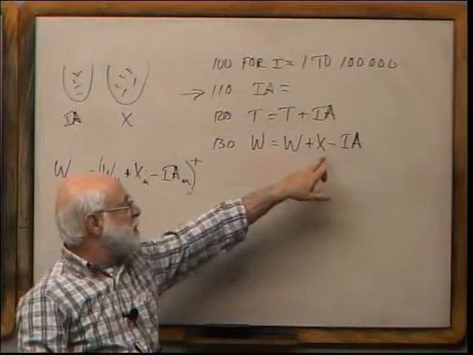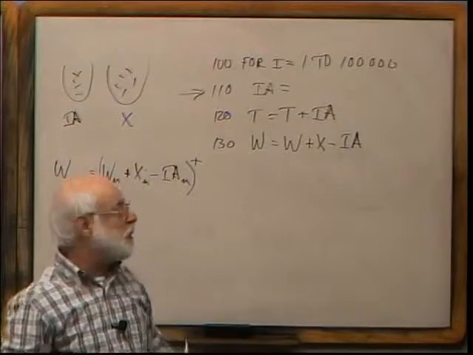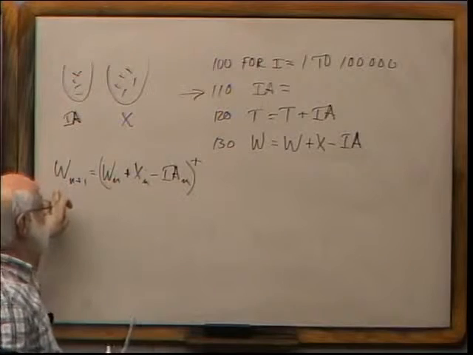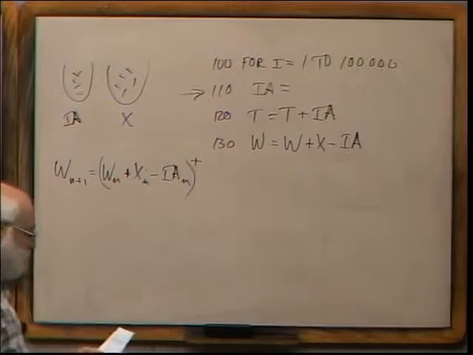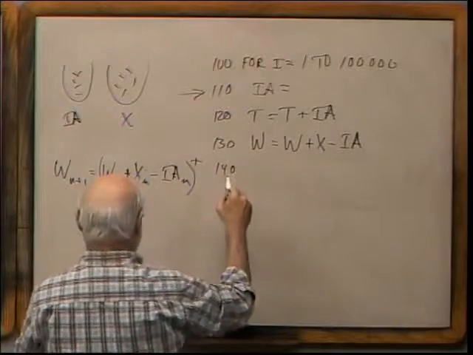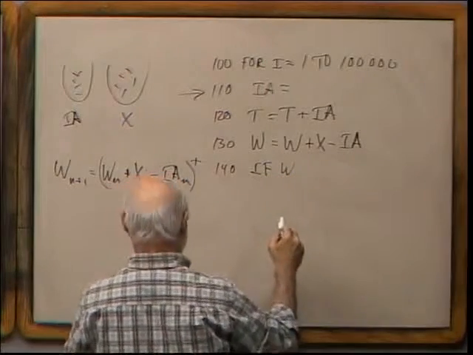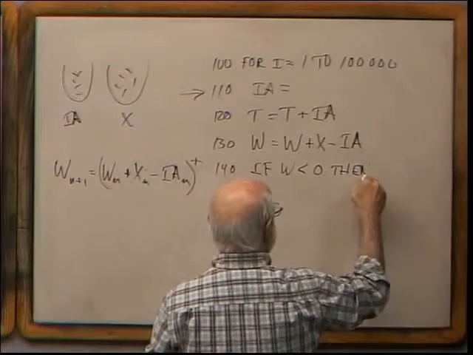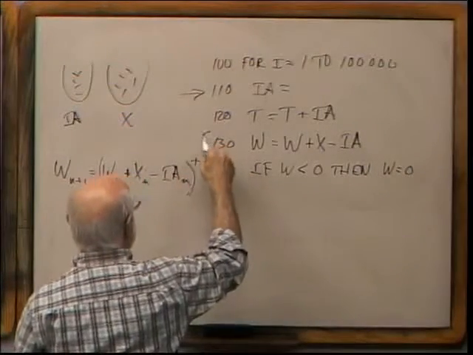But then after that, they're going to be whatever the previous values were. OK, so you calculate this. But then I have to check to see whether or not it's negative. So if it's negative, I have to replace it by 0. So statement number 140 says, if the W that I just computed is less than 0, then W equals 0. OK, so the logic for the simulation, that's it.